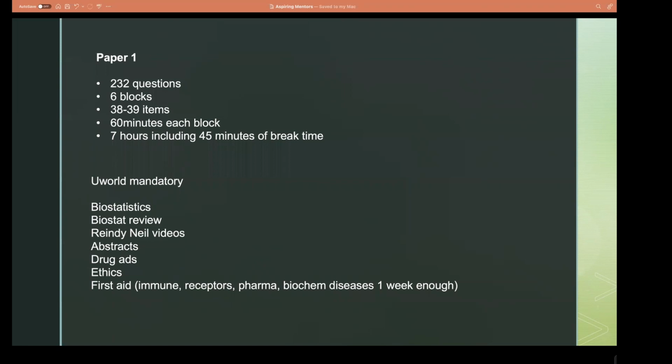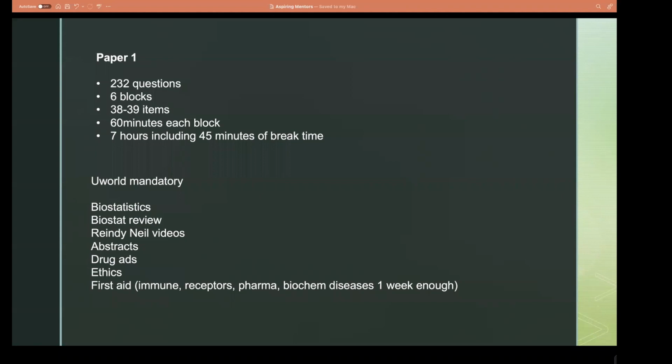In ethics, it's not like the simple ethics questions that we do in Step 1. The questions are more like how you will respond to such a situation, how you will answer this physician, as you have experienced in Step 2. And the rest, 30 to 40%, is for general questions.